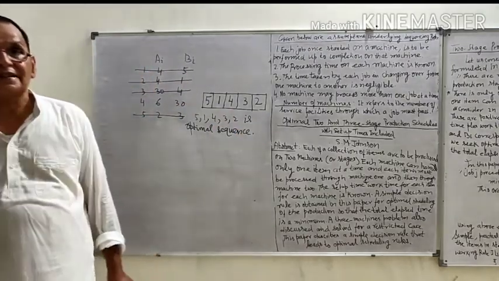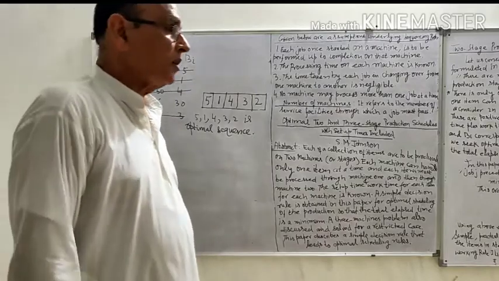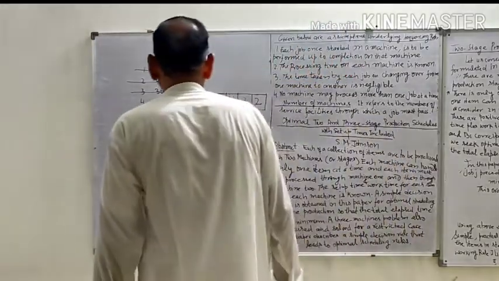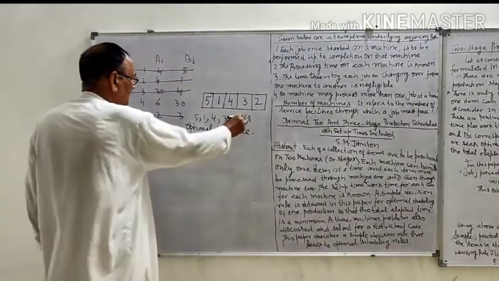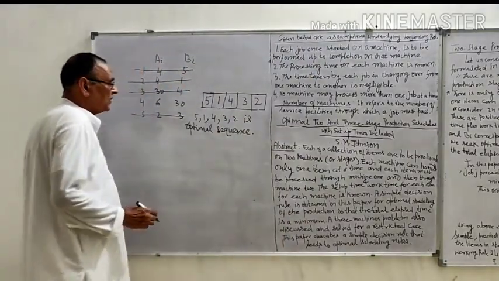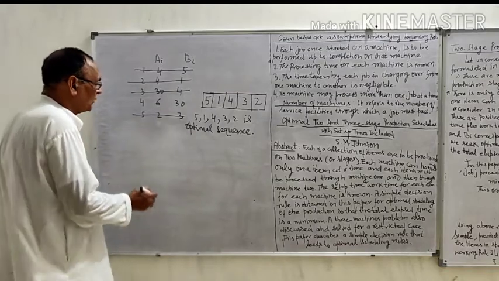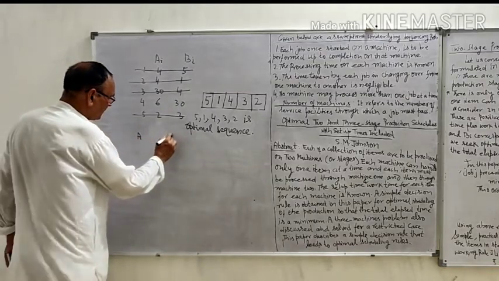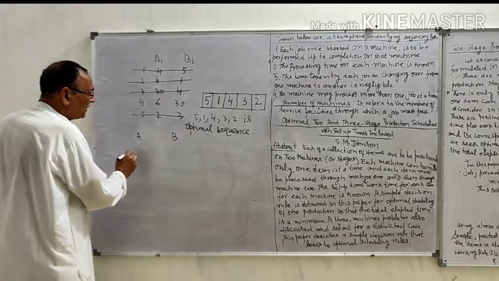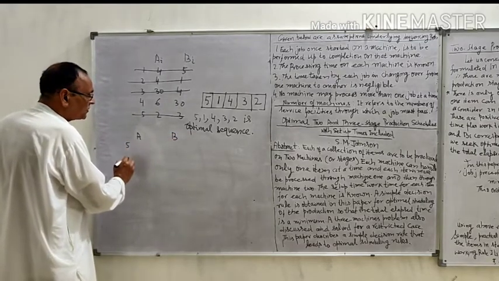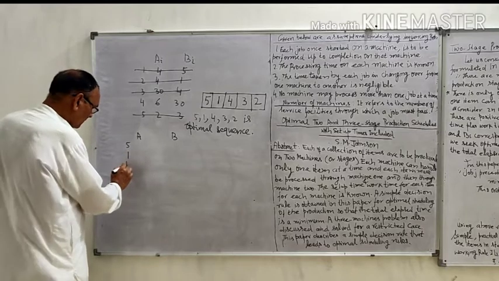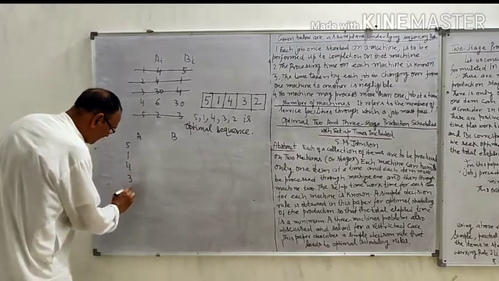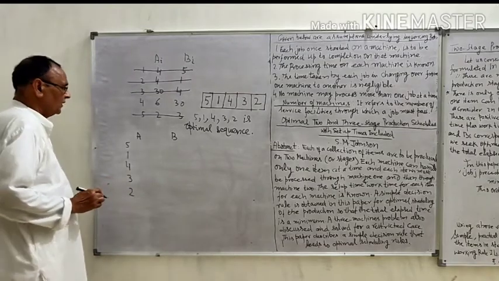This sequence will give you the minimum elapsed time. So now let us calculate the elapsed time for this sequence 5, 1, 4, 3, 2. Here machine A, machine B, and jobs 5, 1, 4, 3, 2.